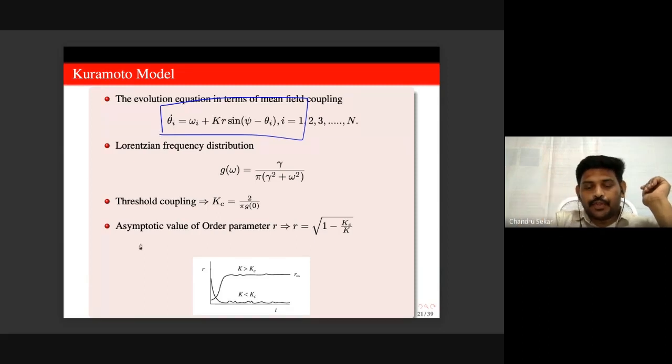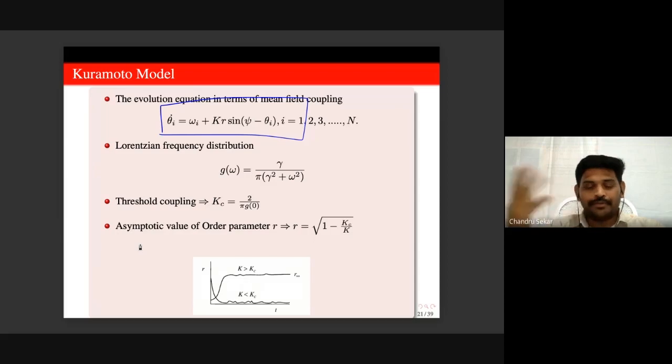So the figure shows the behavior of R. For K less than Kc, when the coupling is less than the critical coupling, the order parameter asymptotically goes to 0. When K is greater than Kc, the order parameter takes some non-zero positive constant.